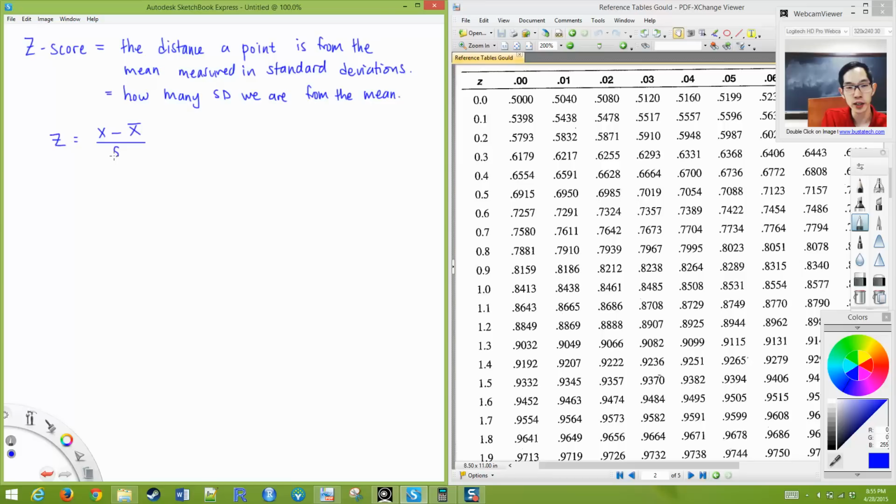Okay. So anyway, the normal distribution is a theoretic distribution.